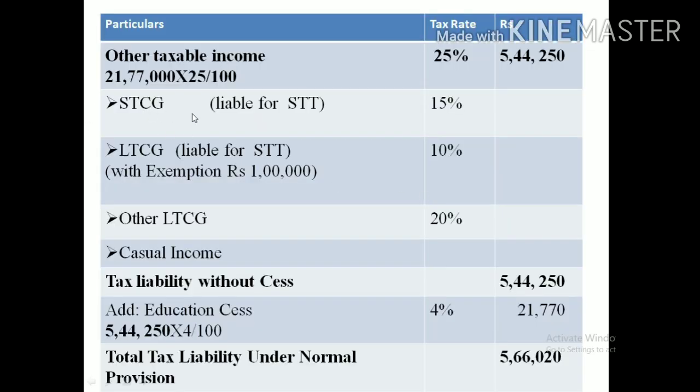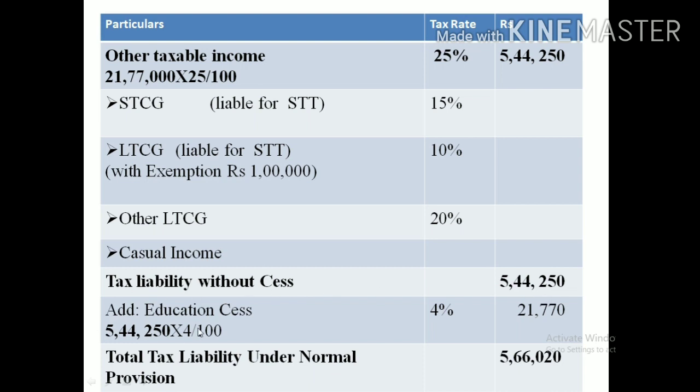Next one, short-term capital gain liable for STT 15%, there is no income. Long-term capital gain liable for STT with exemption of 1 lakh rupees 10%, there is no income. Other long-term capital gain 20%, there is no income. Then casual income 30%, there is no income. Then the tax liability without cess you will get 5,44,250.